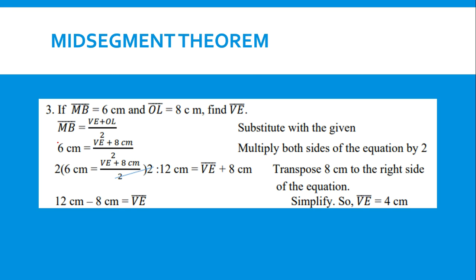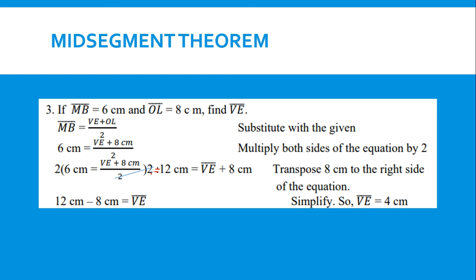Then, you can multiply both sides by 2 in order to cancel out the 2 in the denominator on the right side of the equation. So, it becomes 2 times 6, and VE plus 8 cm over 2 times 2. So, that cancels out. That is 12 cm equals VE plus 8 cm.